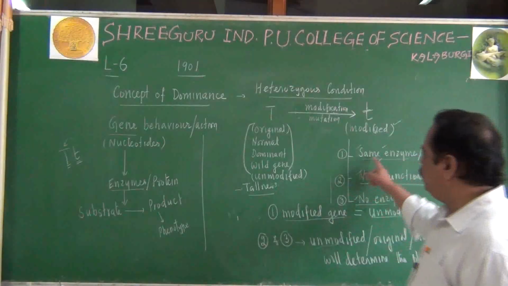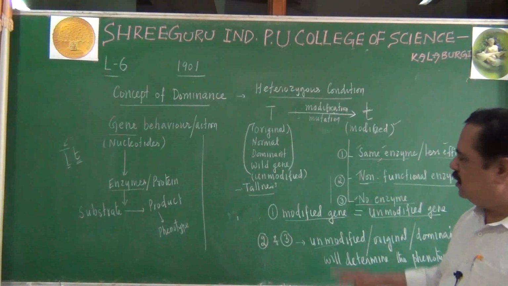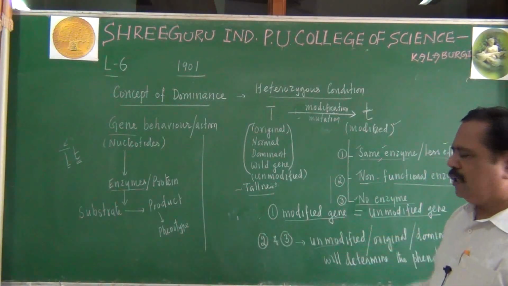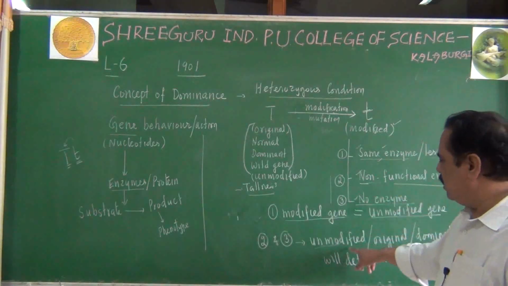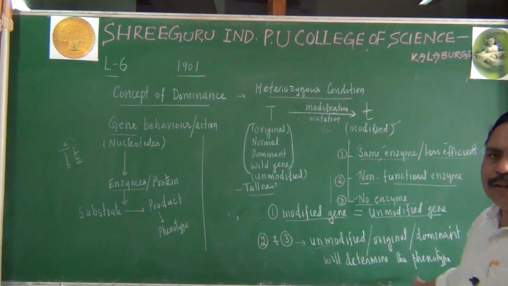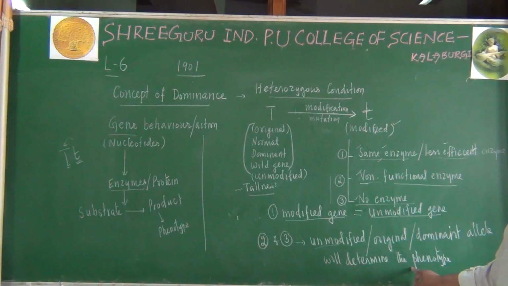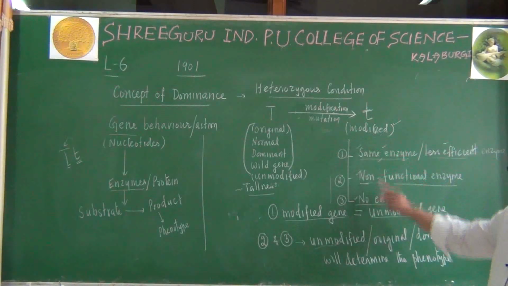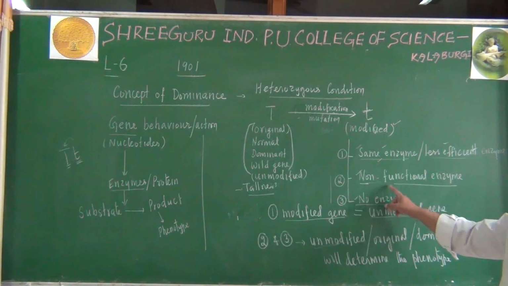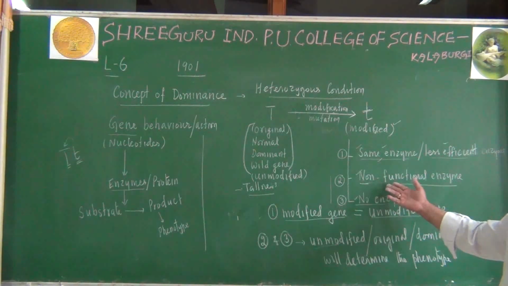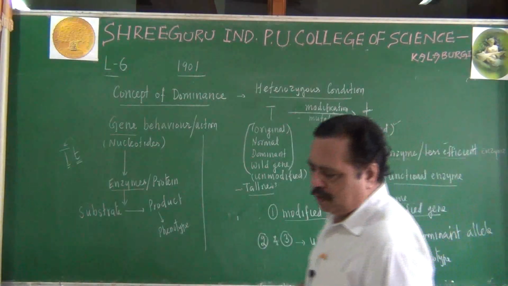If the modified allele is producing the same enzyme or a less efficient enzyme, both of them are equivalent and will behave similarly. But if it is in a different manner, the original allele will be responsible for determining the phenotype. The presence of this modified allele will not make a difference, because it is either not producing an enzyme or producing a non-functional enzyme. Remember, that is the concept of dominance.